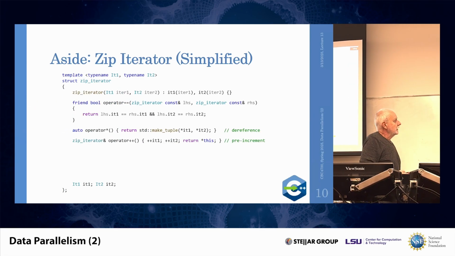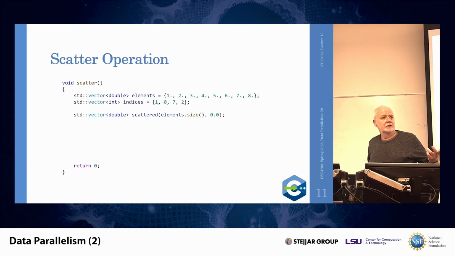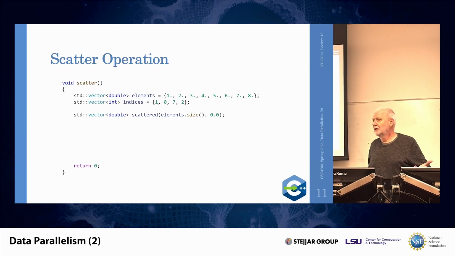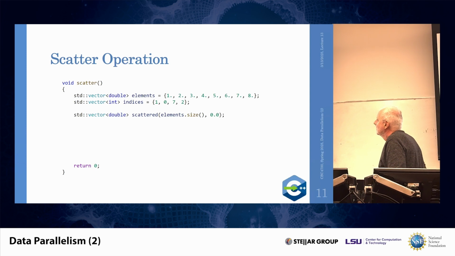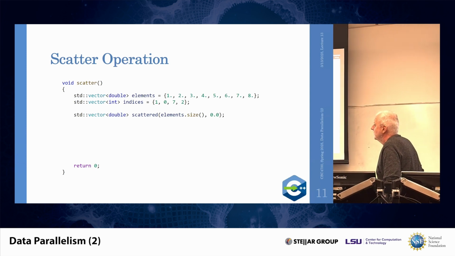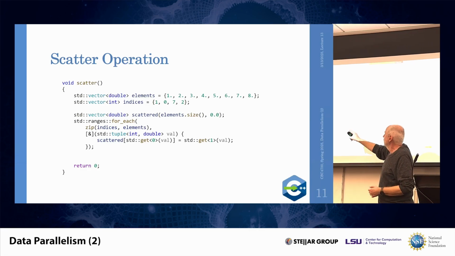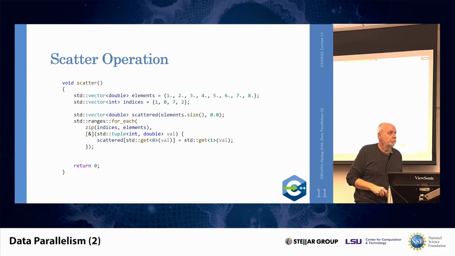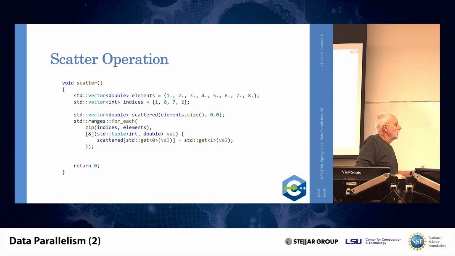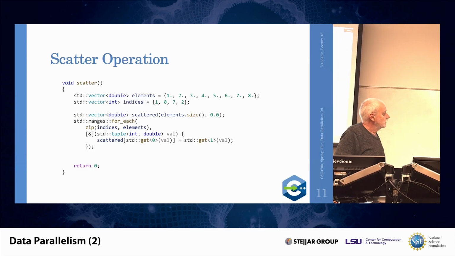So let's have a look at how we can implement scatter. How would you implement scatter in data parallel? How would you do that? Well, it's fairly straightforward if you think about it. Because what we need is to iterate over two sequences, the indices and the elements, at the same time. That's why I introduced that zip construct.